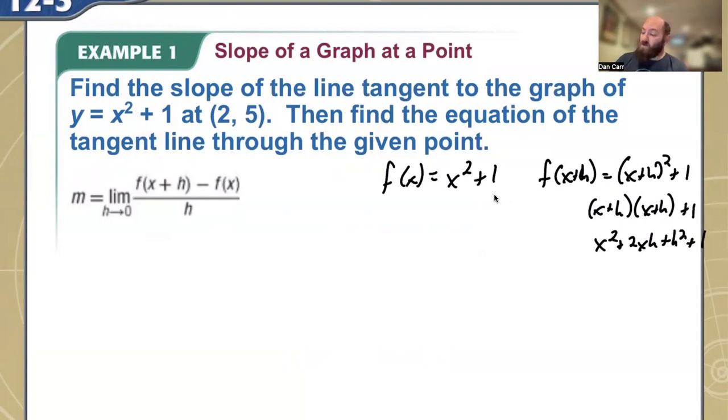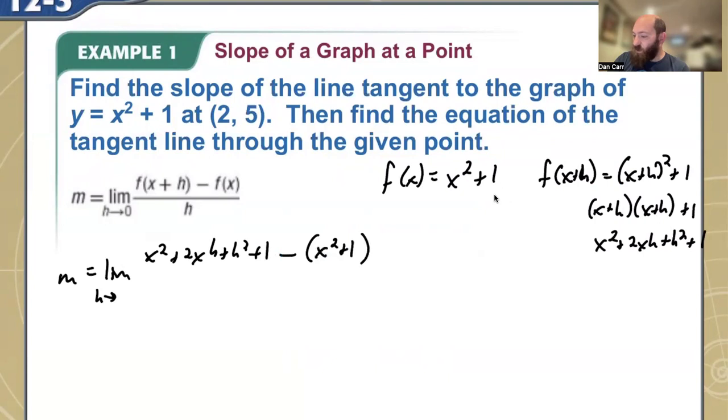Now, when I want to evaluate my limit, my slope is equal to the limit as h approaches 0 of x squared plus 2xh plus h squared plus 1 minus x squared plus 1, all over h.